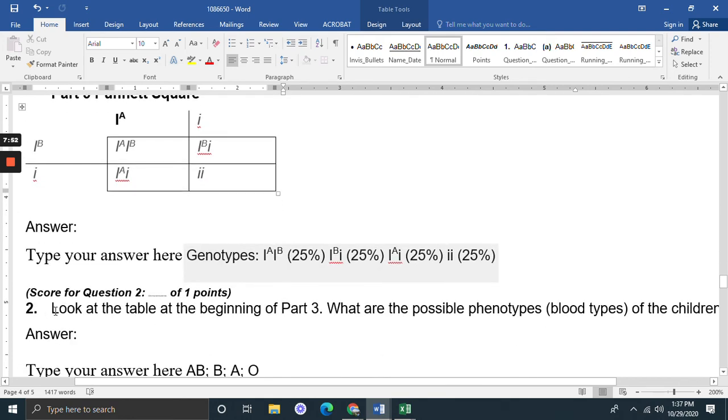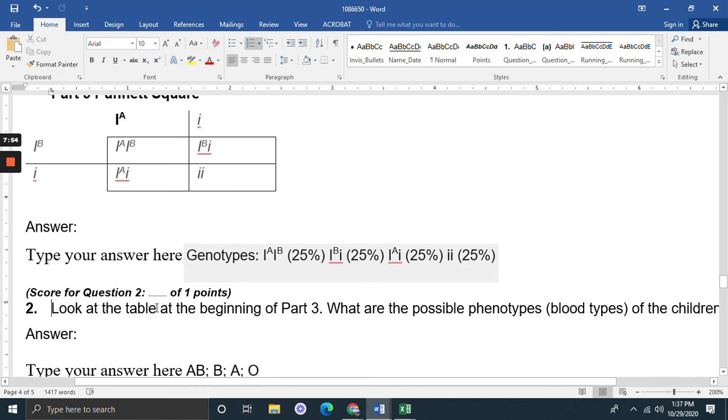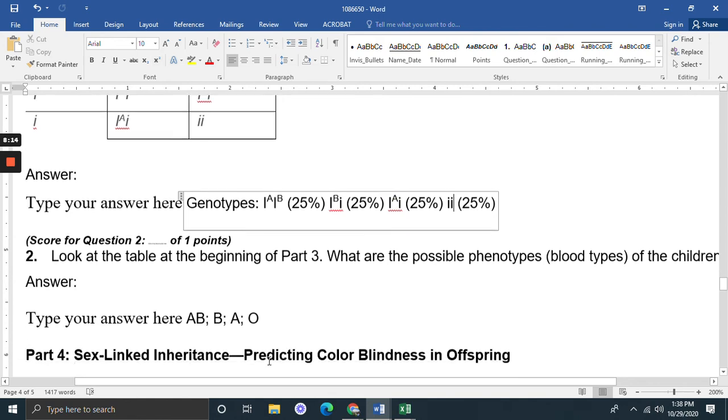Then if you take a look down here, it says, take a look at the table at the beginning of part 3. What are the possible phenotypes? Those are the blood types of the children. Once you get your genotypes, again I should have been putting down AB, this should be BO, this should be AO, and this should be OO. And then the phenotypes are what we consider is expressed.